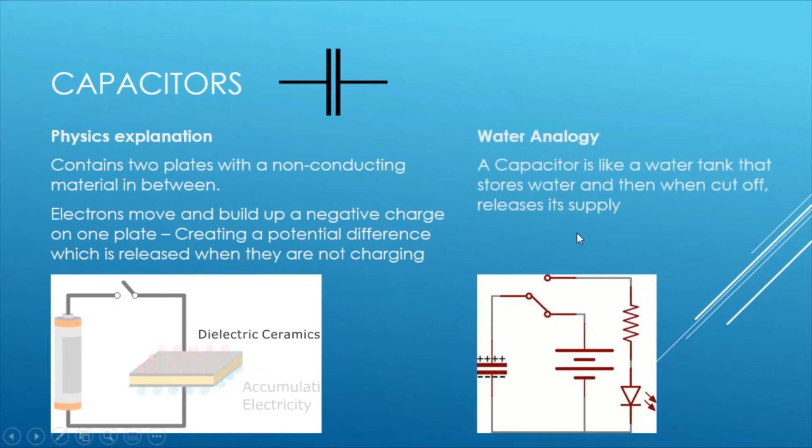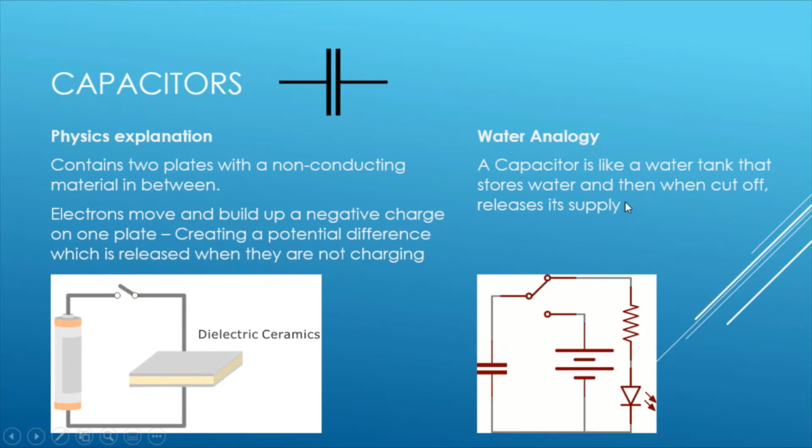So here we can see another circuit. Firstly the switch closes this loop here, and we can see charging. There's build-up of charge, and then the switch turns to the other loop and lights up this LED. So the energy that was stored up when it's connected to the battery is then released through the LED.